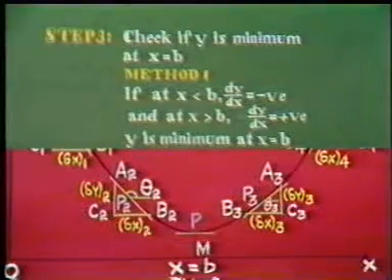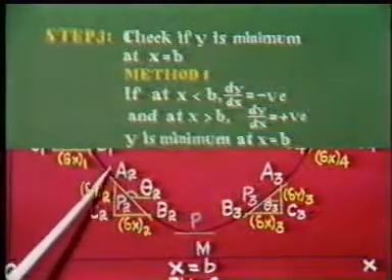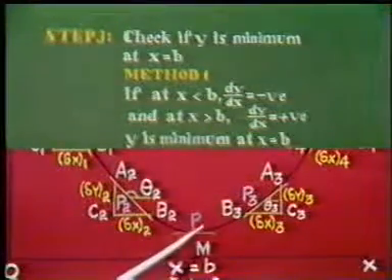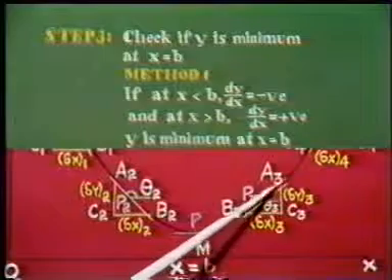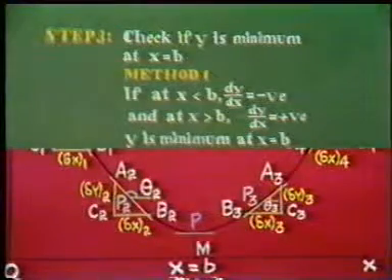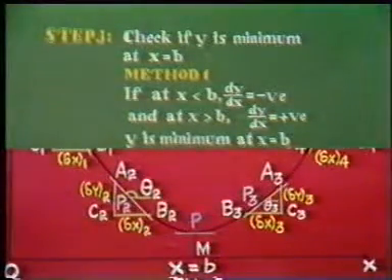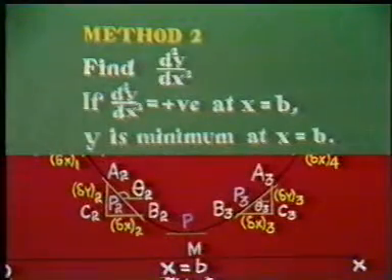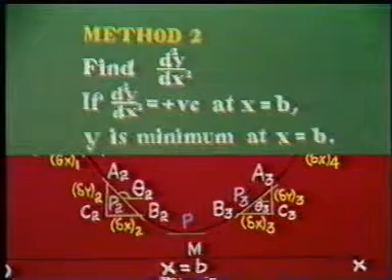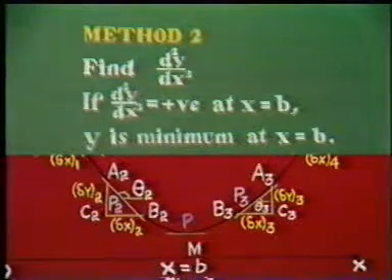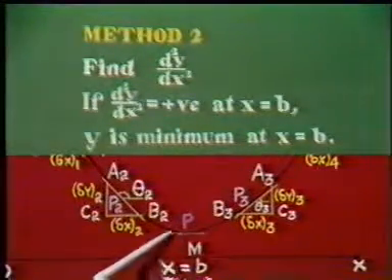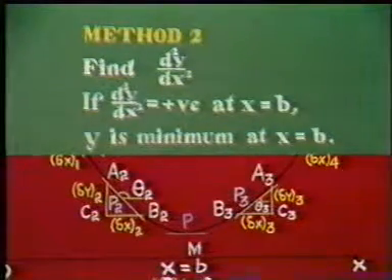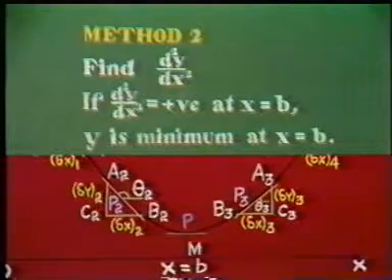Method 1, if at x less than b, dy upon dx is negative, and at x more than b, dy upon dx is positive, y is minimum at x equal to b. Method 2, find d square y upon dx square. If at x equal to b, d square y upon dx square is positive, y is minimum at x equal to b.